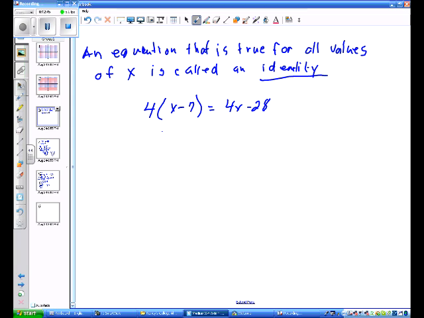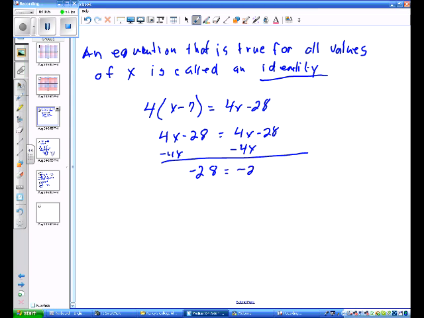Well, if we distribute, we get 4x minus 28 equals 4x minus 28. At that stage, since both sides are identical, you could tell it. But if you didn't see it, and we wanted to get our variables on the same side, we would subtract 4x from both sides, and we would end up with negative 28 equals negative 28. That is a true statement.